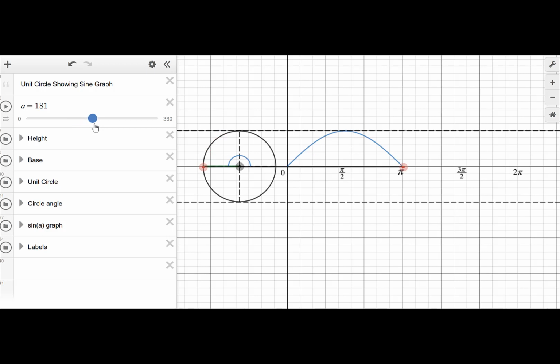Then it hits the 0 marker, and then it keeps going down even further until it hits 270 or 3 pi over 2. And then it goes back up to the top at 2 pi. So there it is. I figured that's a really neat graphic to show how we go from the unit circle onto the x and y coordinate system.